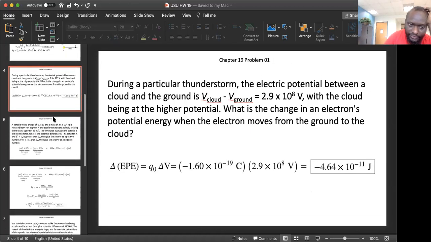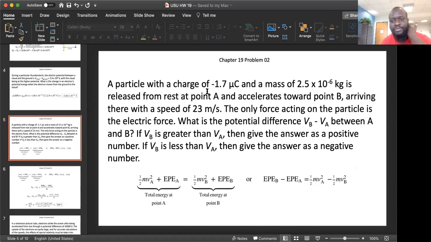Okay. The next question, chapter 19, problem 02 says a particle with a charge of negative 1.7 microcoulomb and a mass of 2.5 times 10 to the power minus 6 kilogram is released from rest at point A and accelerates towards B, arriving there with a speed v. So if I have the total energy at point A being electric and kinetic, since we're given the speed and the charge, okay?